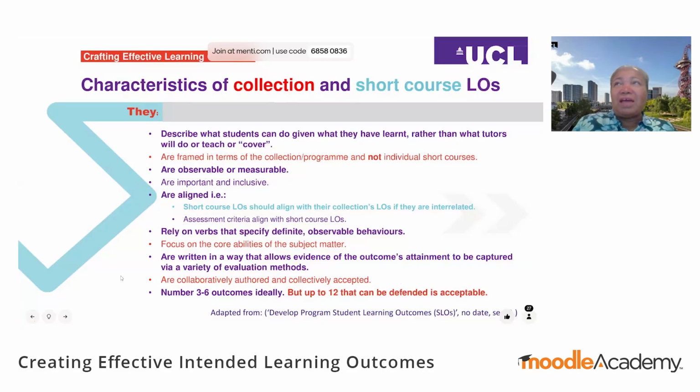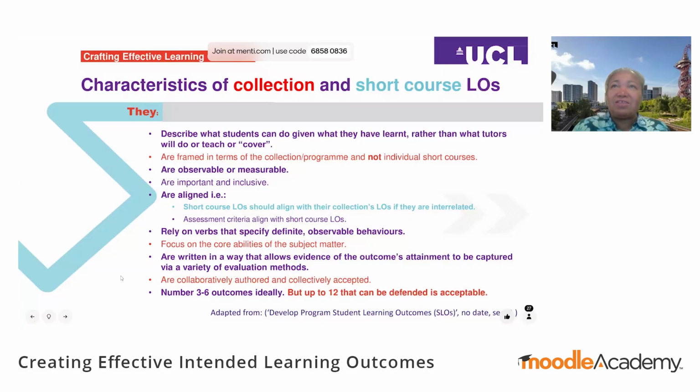So the idea of learning outcomes, as we have seen, is that they be aligned. If you have a short course that is part of a collection of short courses, then you would want the learning outcomes of a particular short course in that collection to be aligned with the learning outcomes of the collection overall.